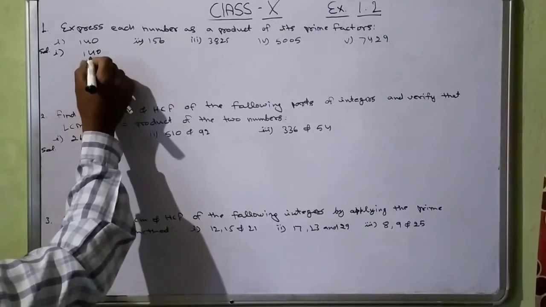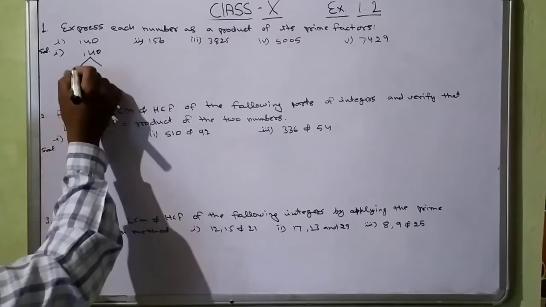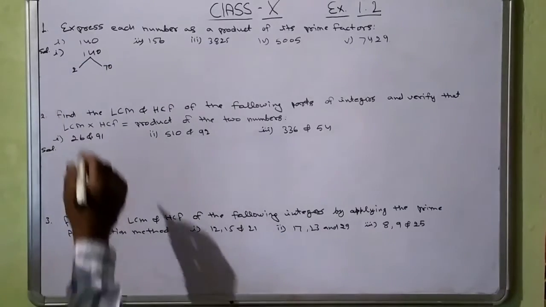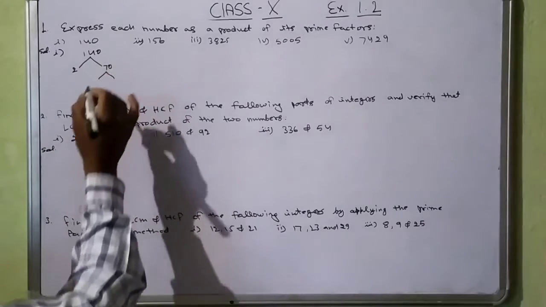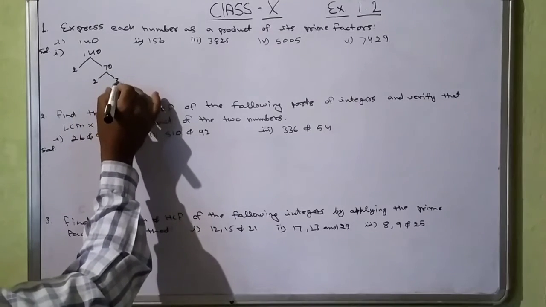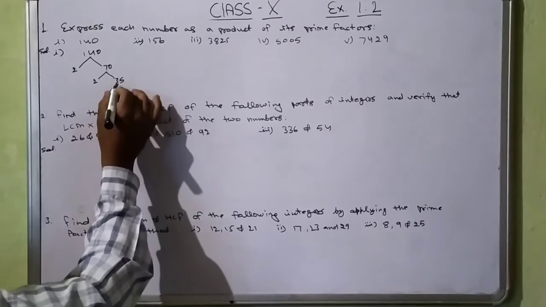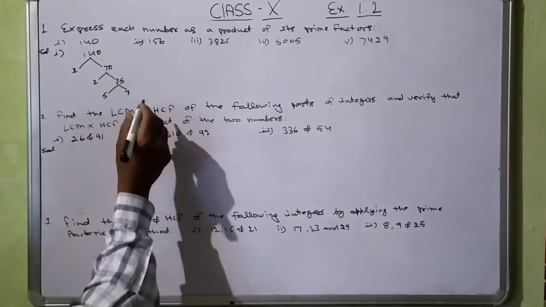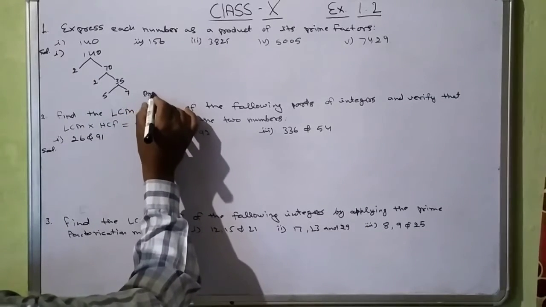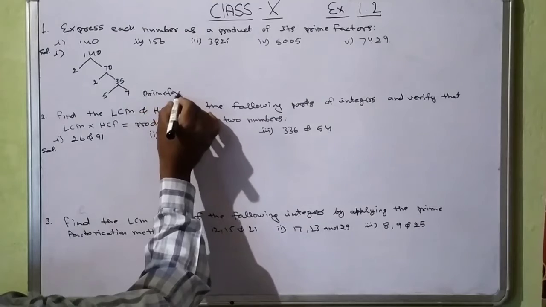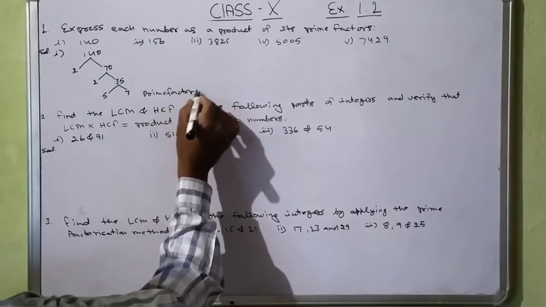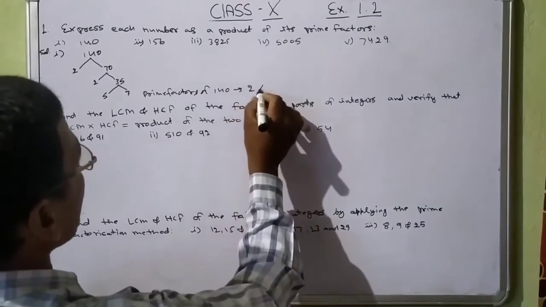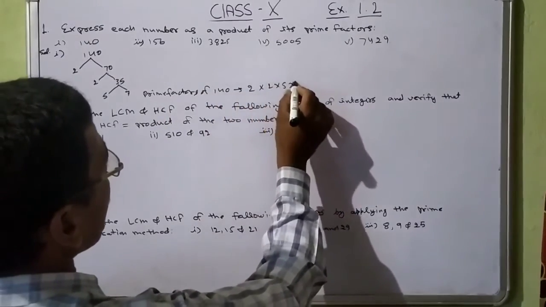140 divided by 2 gives 70. Now 70 is also divided by 2, giving 35. 35 is divided by 5, giving 7. So the prime factors of 140 equal 2 into 2 into 5 into 7.